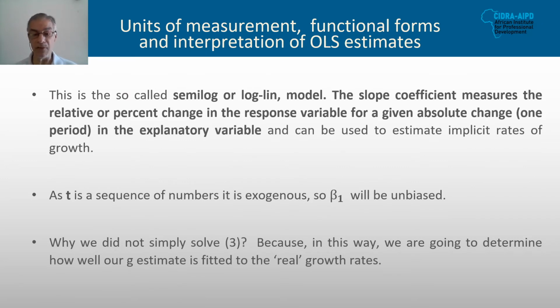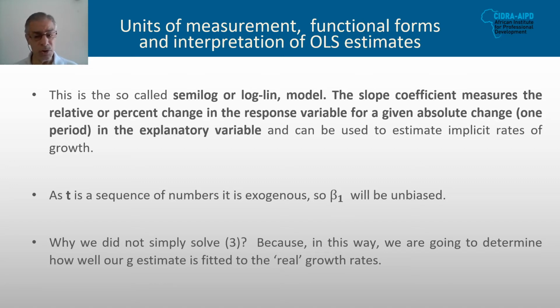Why? Because we can run our hypothesis test, testing if g is significantly different from 0. We can assess through the R square how well this rate of growth fits to the real rate of growth that we are going to see during that period of time.